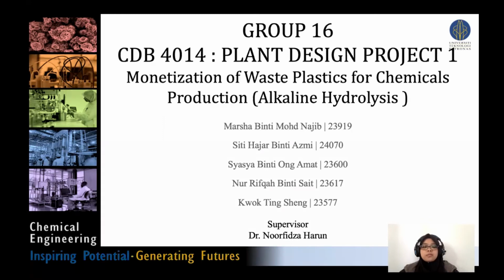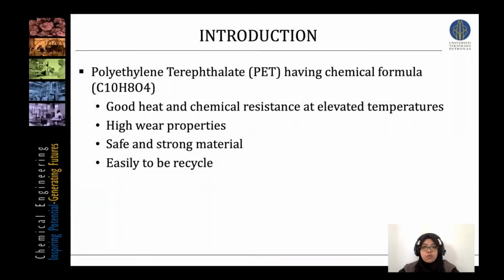Nora Fiza Harun. So moving forward to the introduction, we have chosen PET, polyethylene terephthalate, as our chemical feed, which has the chemical formula C10H8O4. Why we chose polyethylene terephthalate is basically for 4 reasons. The first is that PET has good heat and chemical resistance at elevated temperature.